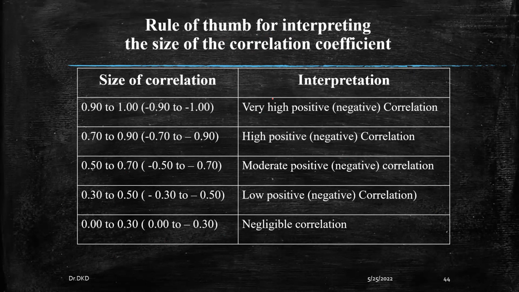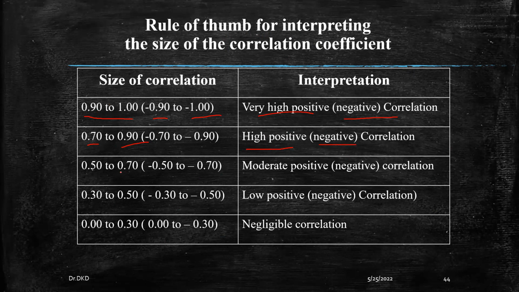We are calculating the data, and if we get a value between 0.90 to 1.0 or minus 0.90 to minus 1.0, it is known as very high positive correlation or very high negative correlation. Similarly, if we get plus or minus 0.7 to 0.9, we can say high positive correlation or high negative correlation.